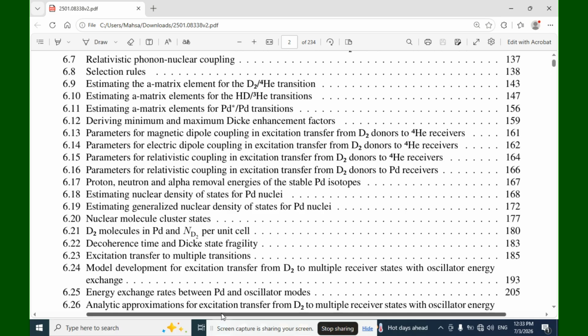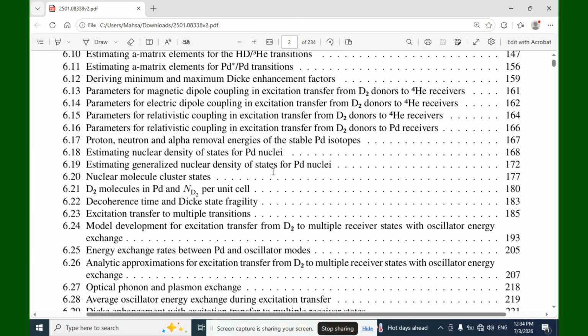Proton, neutron, and alpha removal energies of the stable palladium isotopes, estimating nuclear density of states for palladium nuclei, estimating generalized nuclear density of states for palladium nuclei.